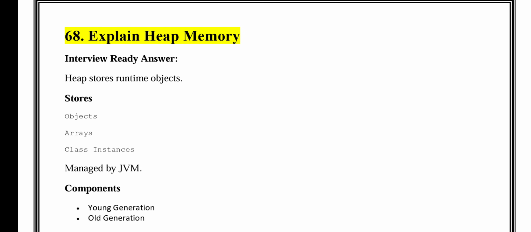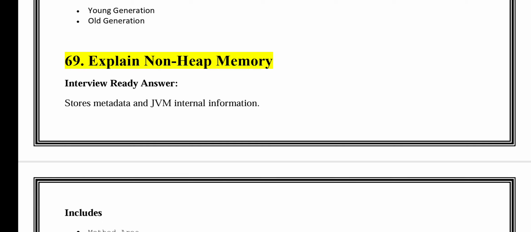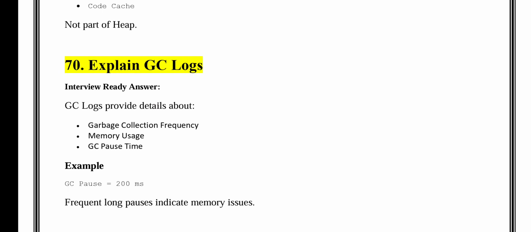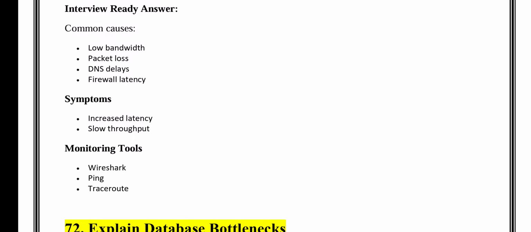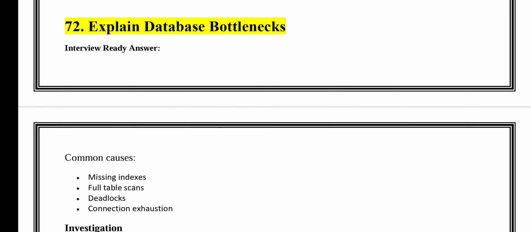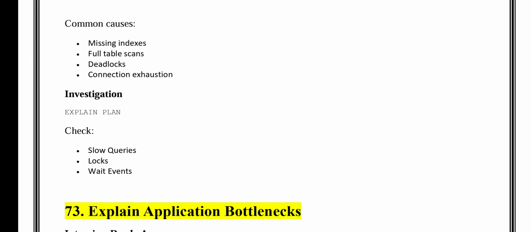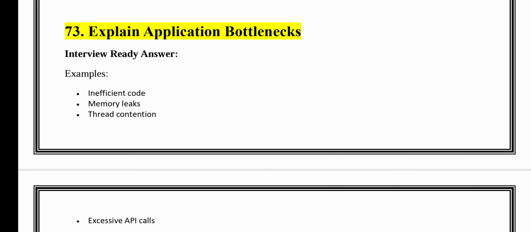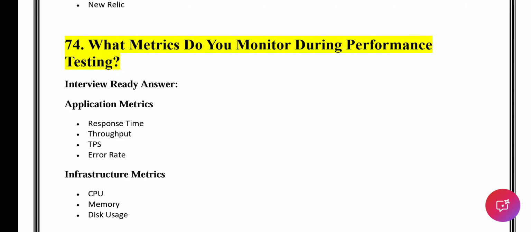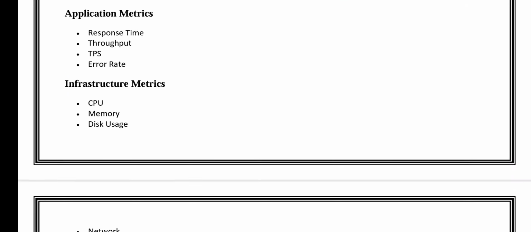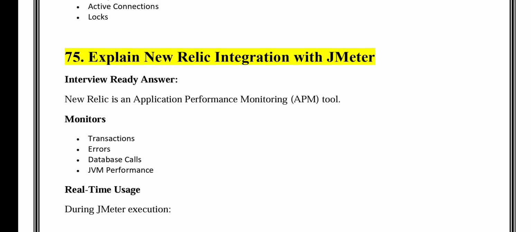Explain the heap memory. Explain the non-heap memory. Explain GC locks. Explain network bottlenecks. Explain database bottlenecks. Explain application bottlenecks. What metrics do you monitor during performance testing? Explain New Relic integration with JMeter.